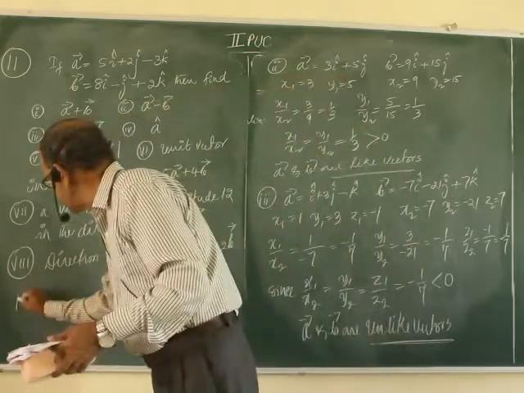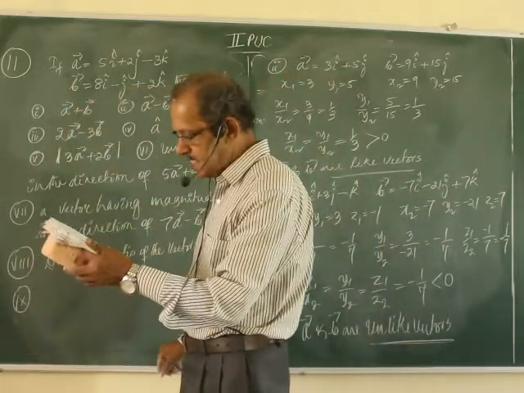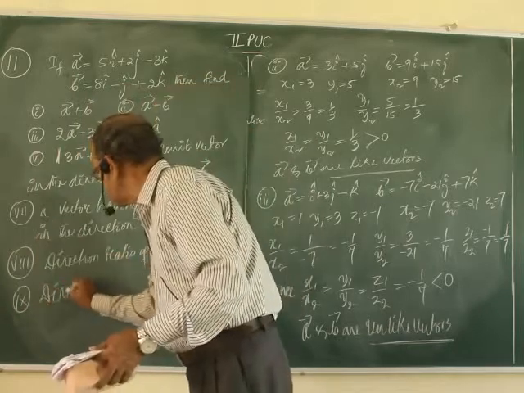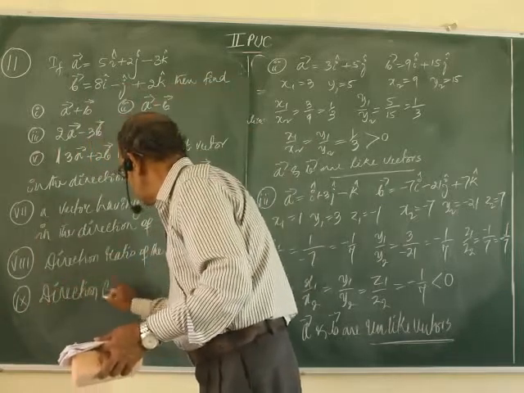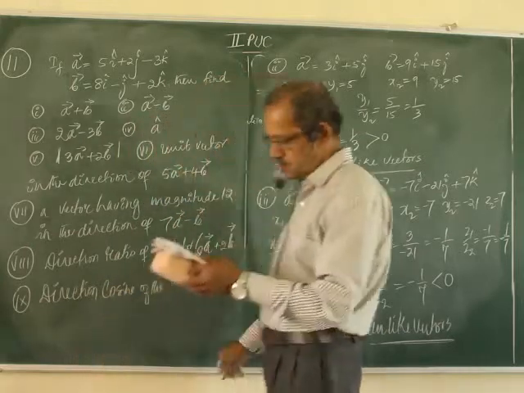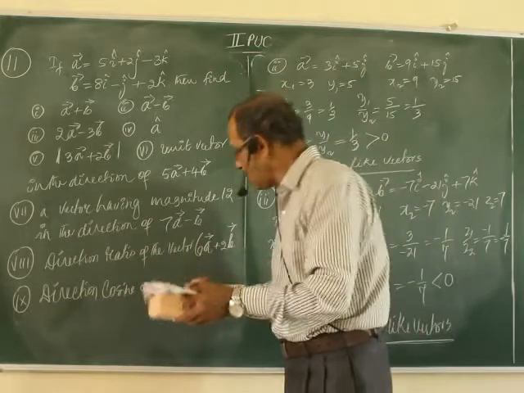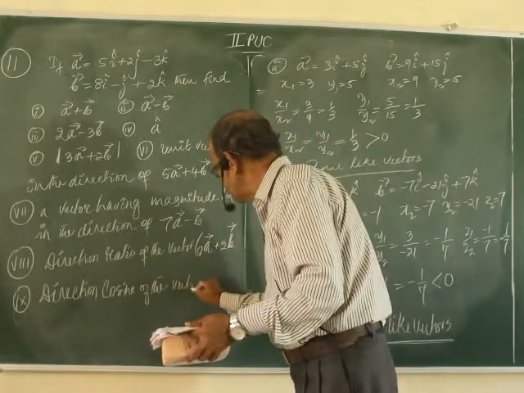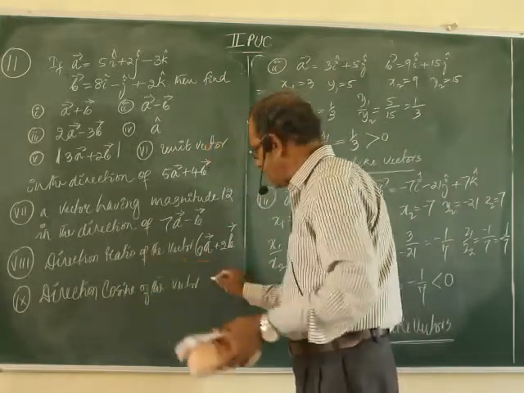And the last one is direction cosine of the vector 6a plus 2b.